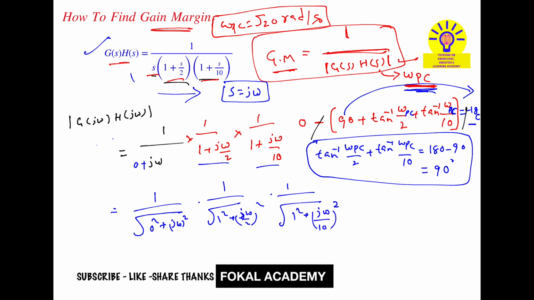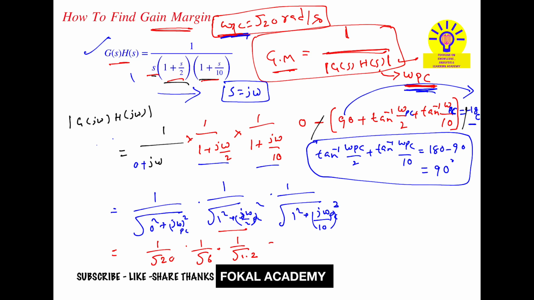We want the magnitude at omega pc, so substitute omega pc in each term. It becomes 1 by root 20, 1 by root 6, and 1 by root of 1 plus 1 by 2. I directly substituted the omega pc value, and using a calculator we get this value.